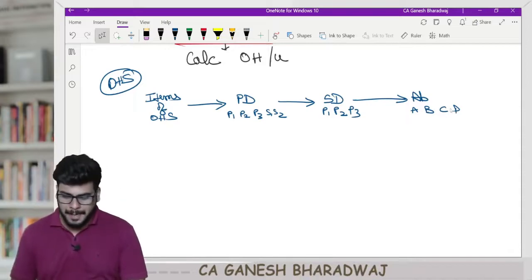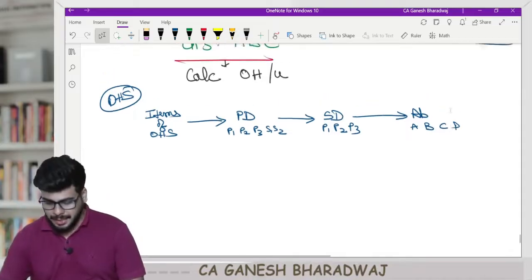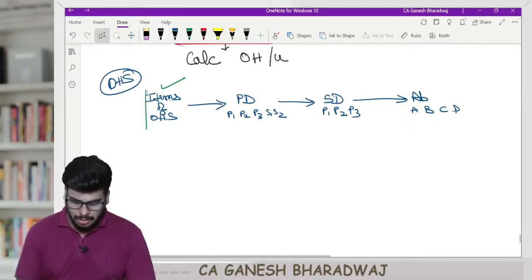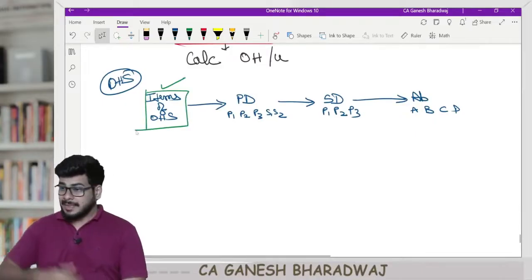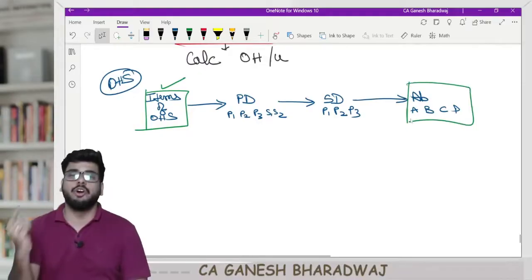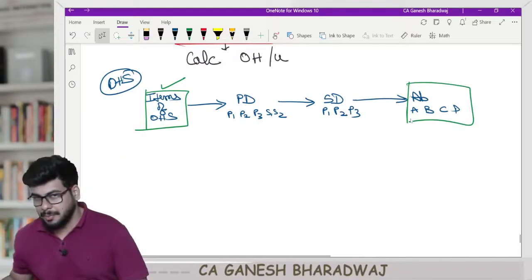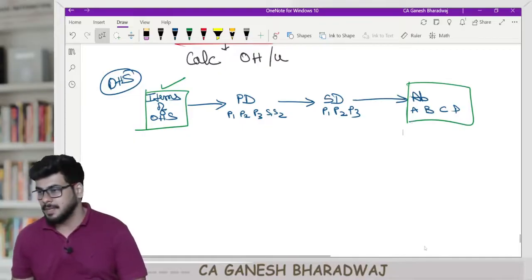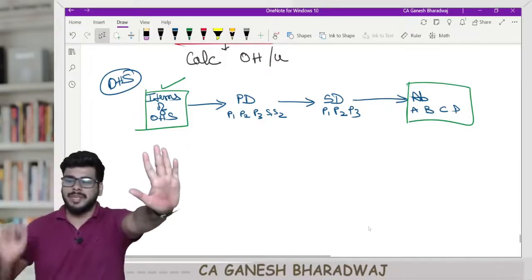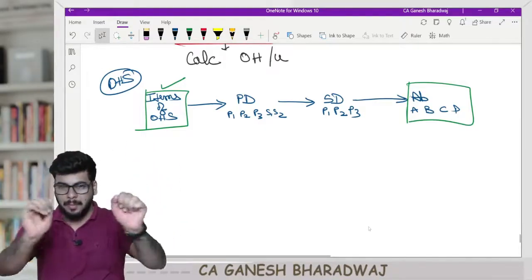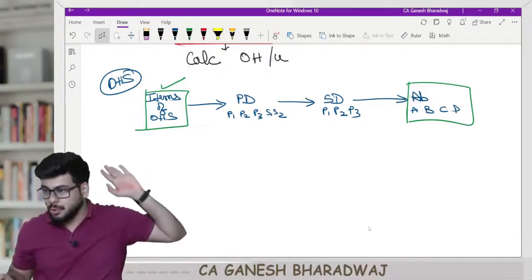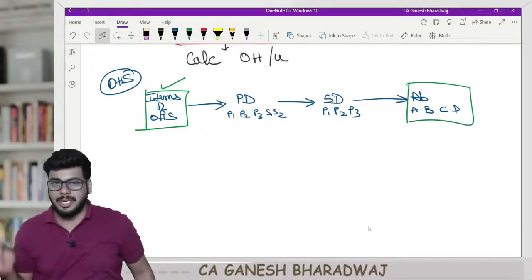Now, this chapter ABC says the starting point is also line items of overheads. The destination of this chapter is also to calculate the overhead cost per unit of every product that the company is manufacturing. What this chapter says is, we are agreeing with your starting point, we are agreeing with your ending point, but we do not accept the journey that you are doing, that is your primary distribution and secondary distribution.